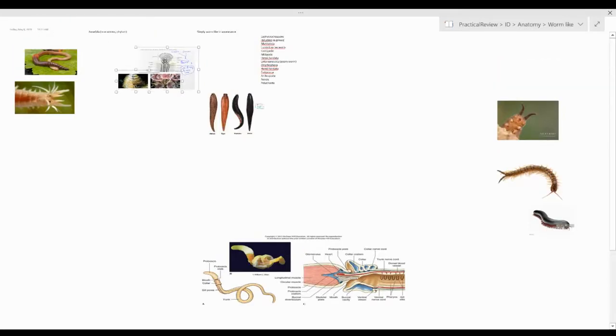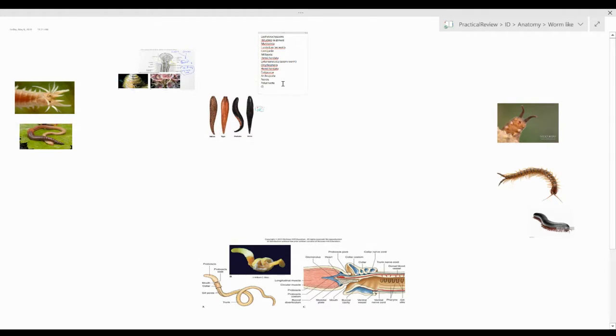So I'd like to see, keep these close. Uh-oh, I have another one. Oligo, oops. I have Oligochaeta and Polychaeta now.